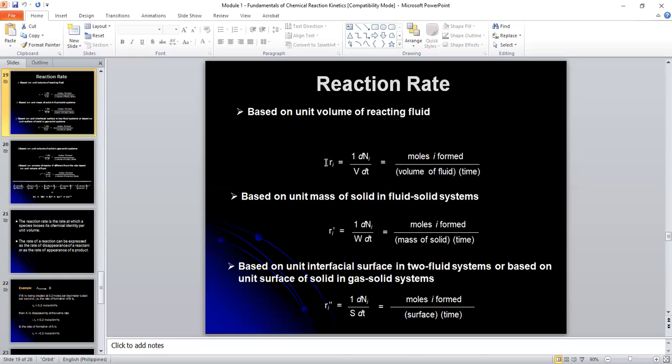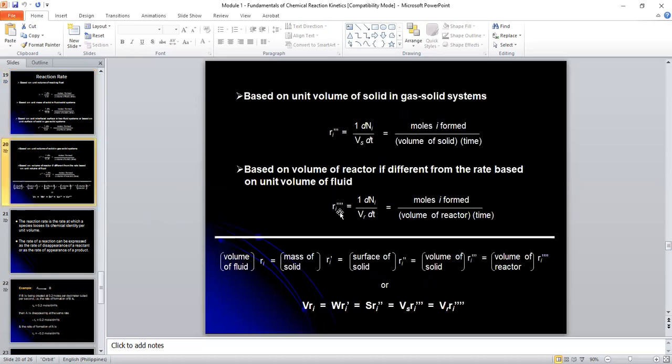Once you see a negative sign here, that tells you that the rate equation provided is for species i, which is a reactant. It's disappearing. And as such, the rate expression as written is negative. But when it is positive, then your species is a product.